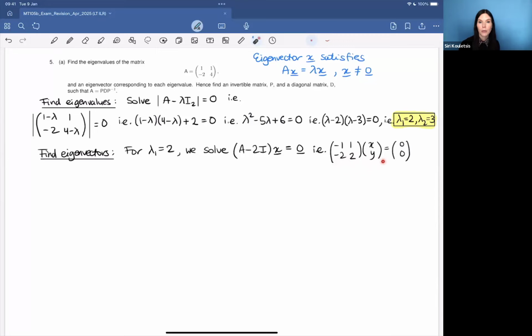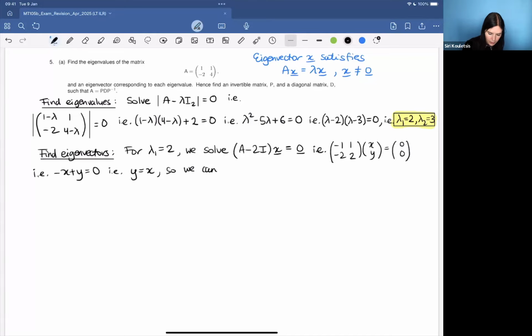So if we did row operations here on the augmented matrix, we would get a row of zeros at the bottom because the system is consistent, and there we can treat y, for example, as a free parameter. So there are infinitely many solutions as we expect. And so we can simply select the first equation here, keep one of these equations. And this tells us that y equals x.